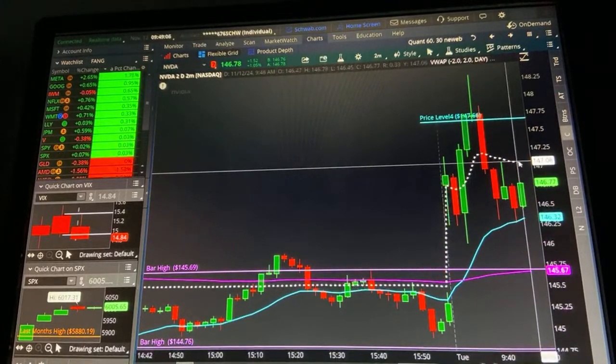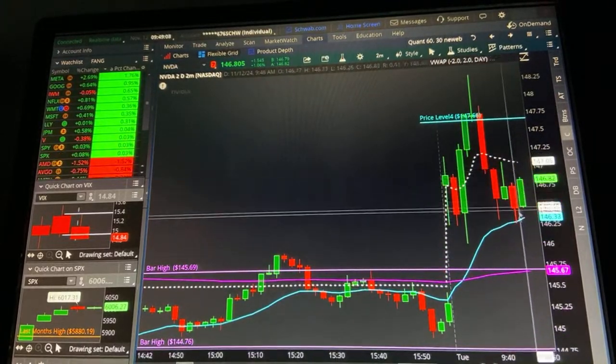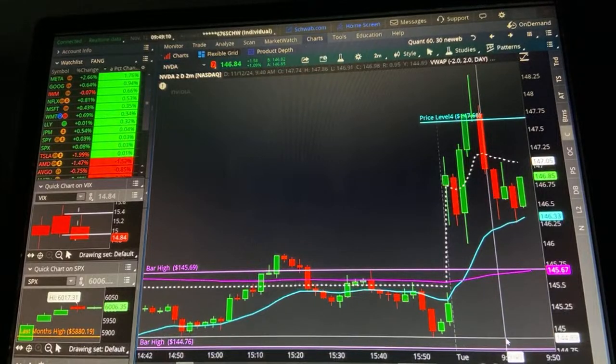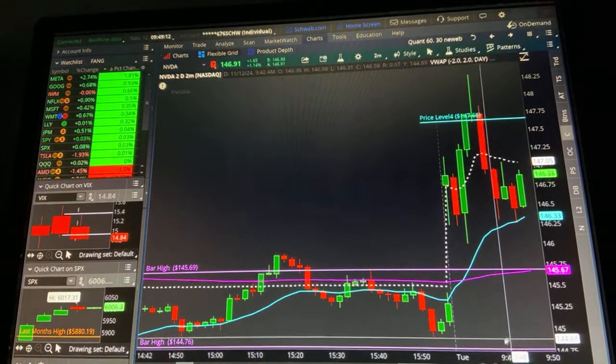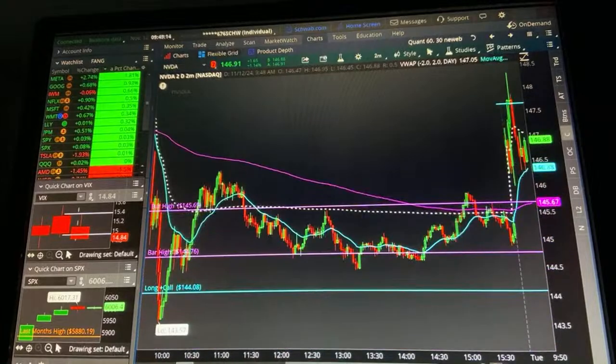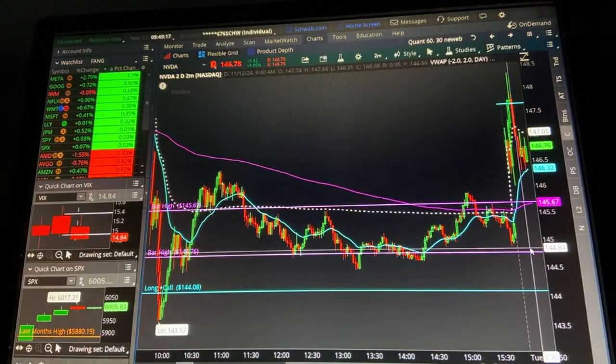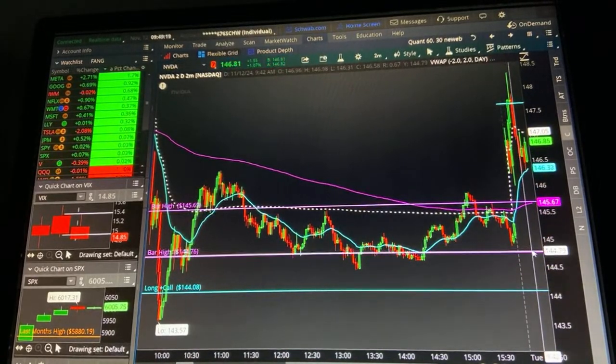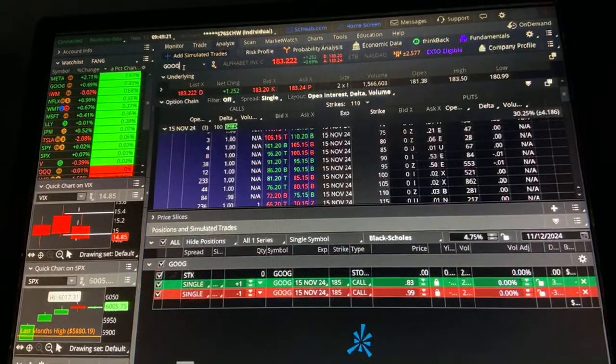NVIDIA looking, we need to reclaim VWAP here on that time frame. If you put your stop loss, say 144.89, below this little gap fill here, I know you might not be able to see it on the chat because of the stupid iPhone, 144.80. Just see what that looks like.